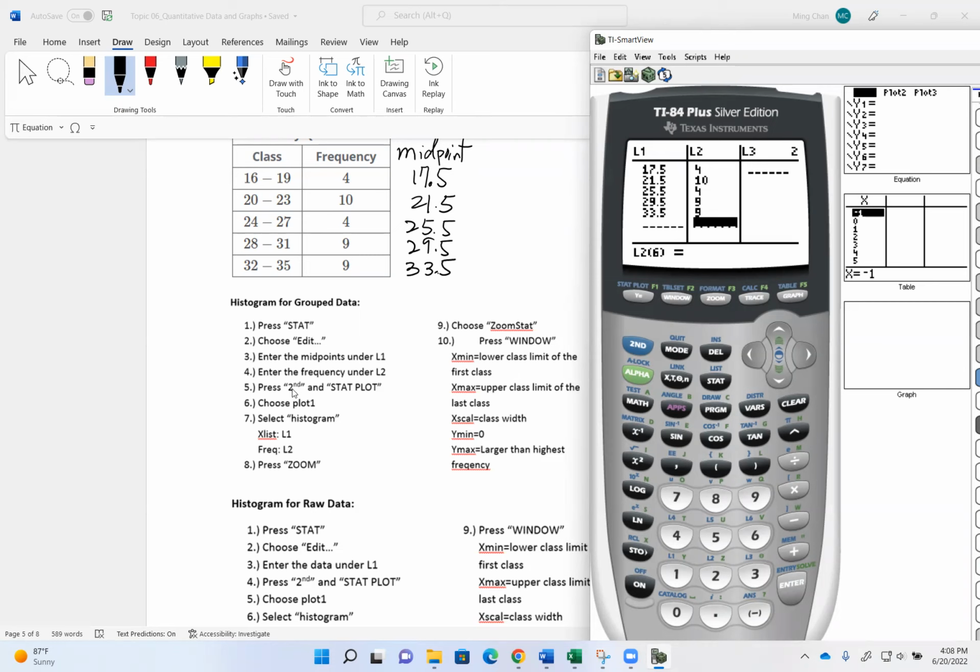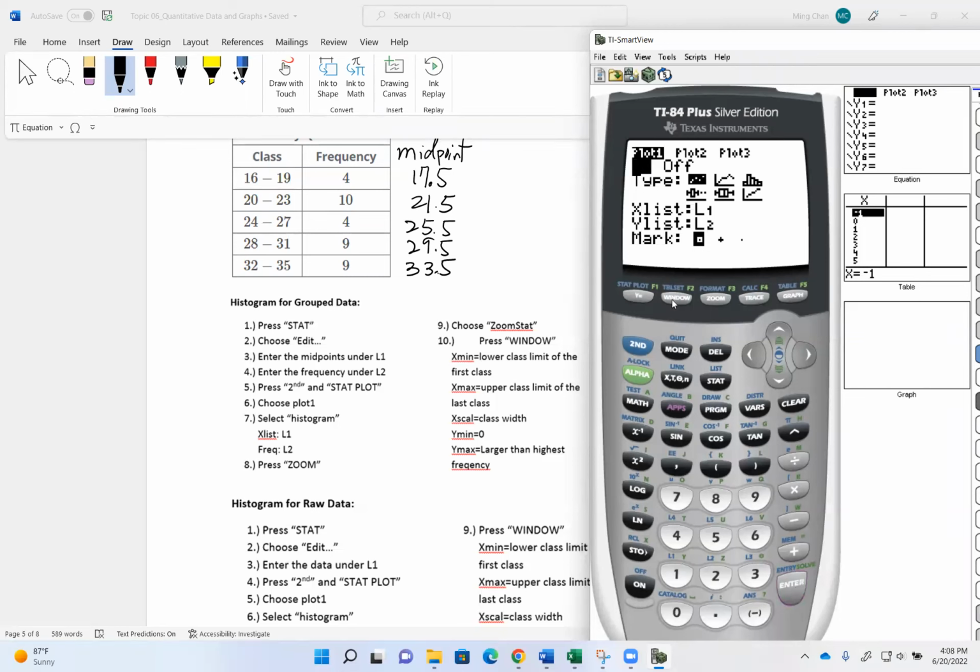Now press second, stat plot. Stat plot is right above y equals. Choose plot 1. Right now the blinking is on On, so I press enter. Now the word On is blinking, so that's how I know I just turned plot 1 on.